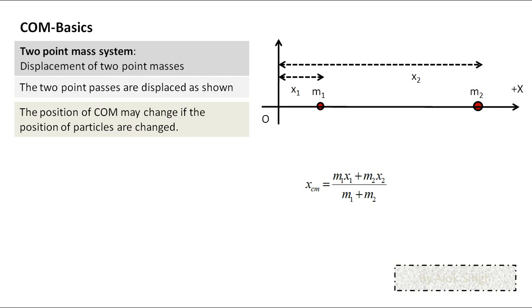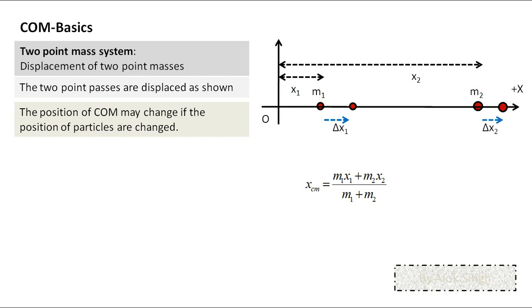So the two particles are displaced. Initially, this was the position of the center of mass. If the two particles are displaced as shown, the first one undergoes a displacement of delta x1 and the second particle undergoes a displacement of delta x2. As the positions of the two particles change, so will the center of mass.